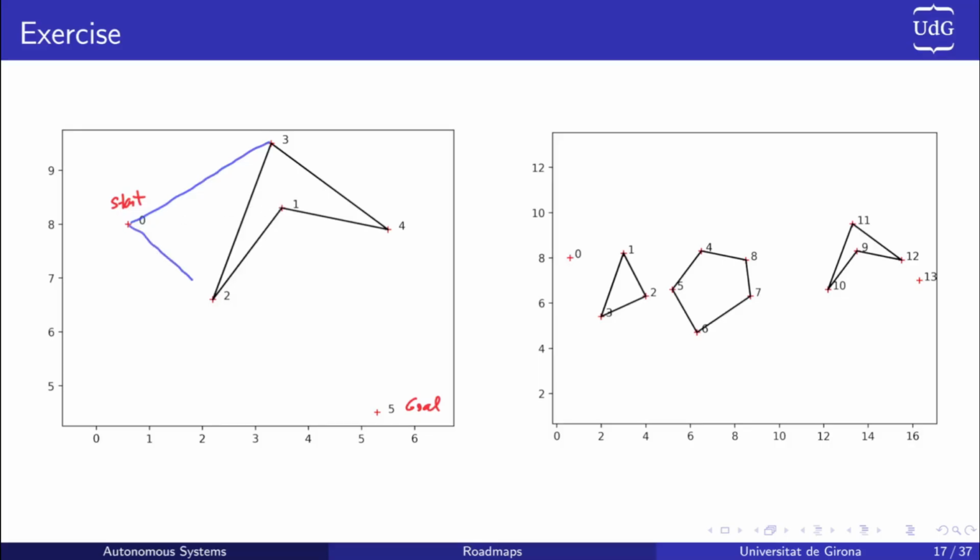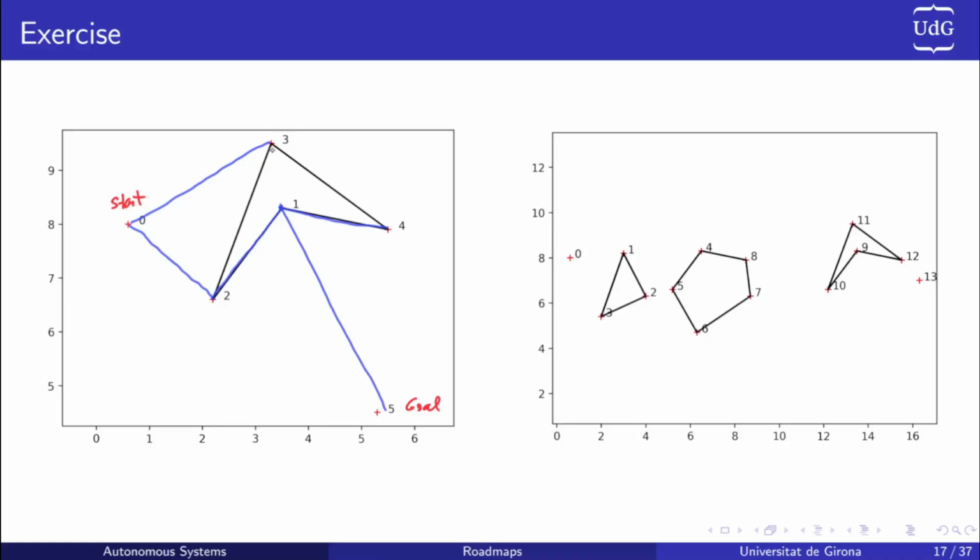I see vertex 2, I see vertex 3, I cannot see vertex 4, because again I have to cross the obstacle, and I don't see vertex 5 by very little, but I don't see it.